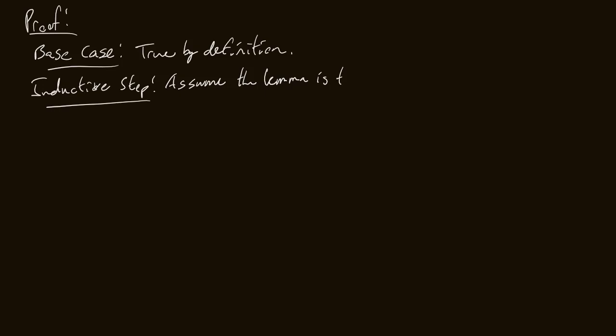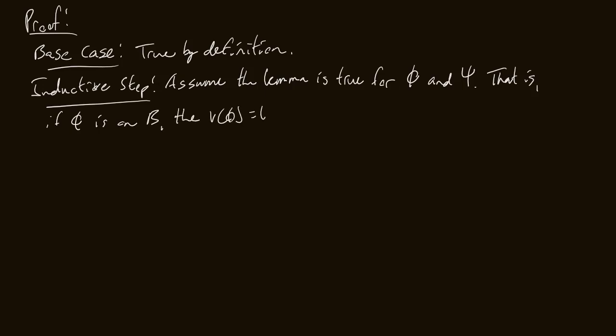Assume the lemma is true for phi and psi. These are Greek letters. Now what does that mean? That is, if phi is on B, then V of phi is equal to 1. If not phi is on B, then V of phi equals 0.